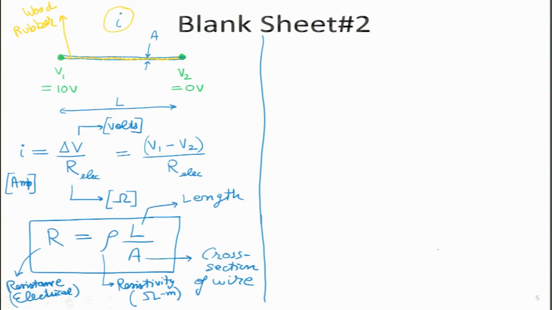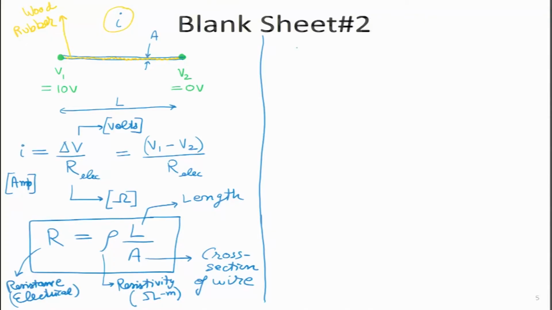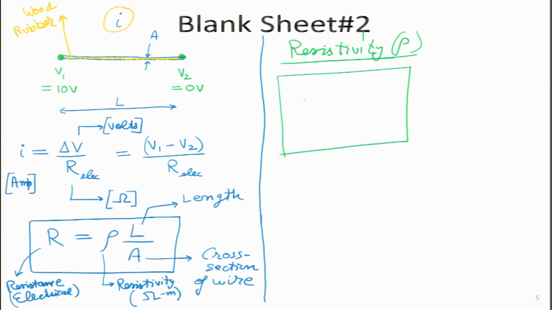So, that material characteristic, whether it is copper or wood or rubber, it actually is coming through that parameter resistivity. So, let us look at some typical values of resistivity. So, this is resistivity rho. So, if I draw a table over here, so copper, is it expected to have very high resistivity or low resistivity?